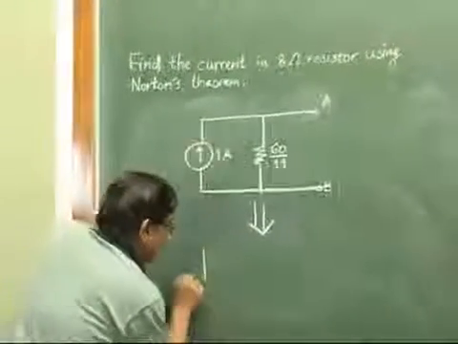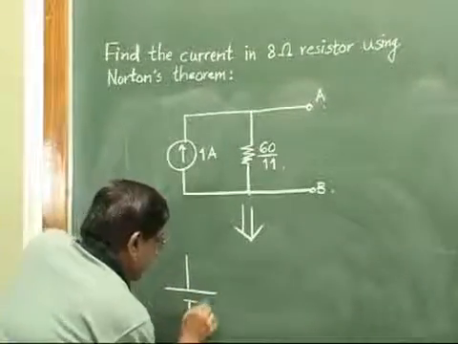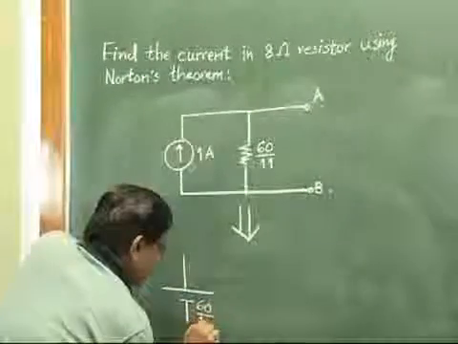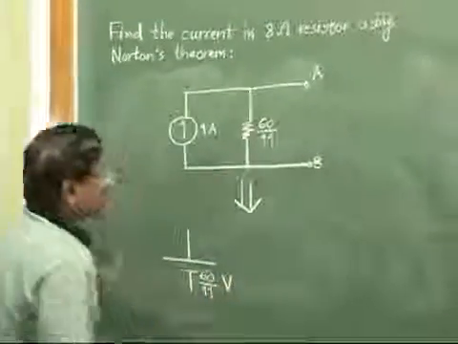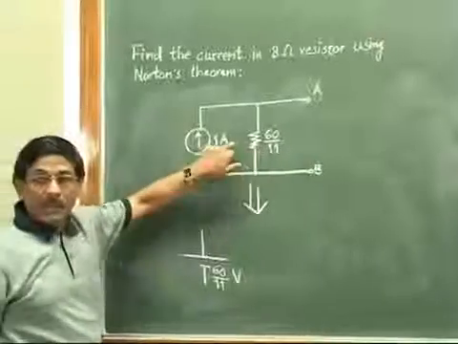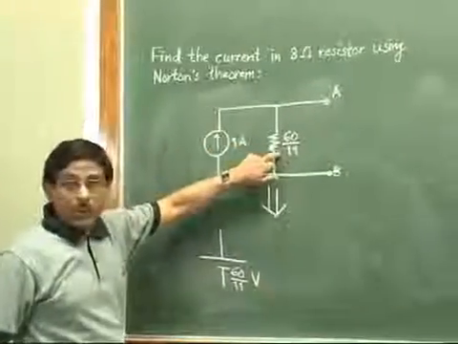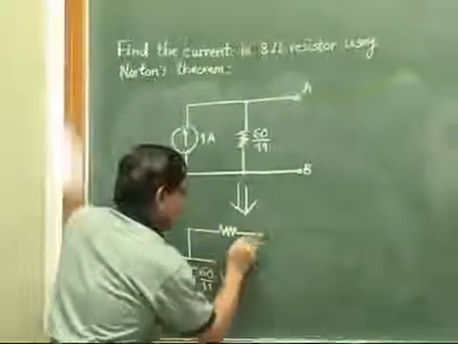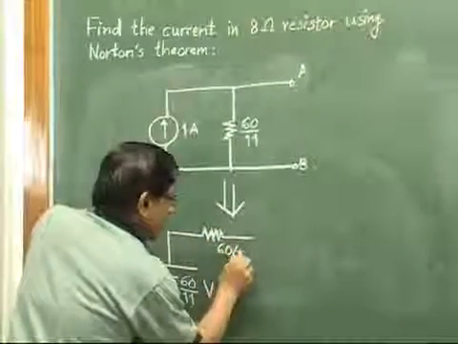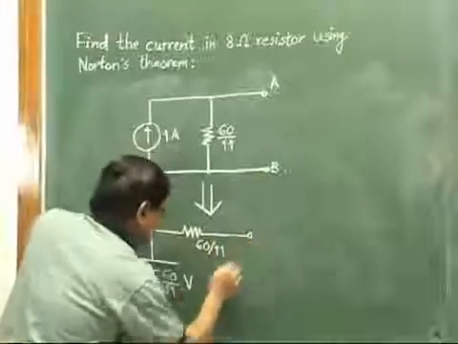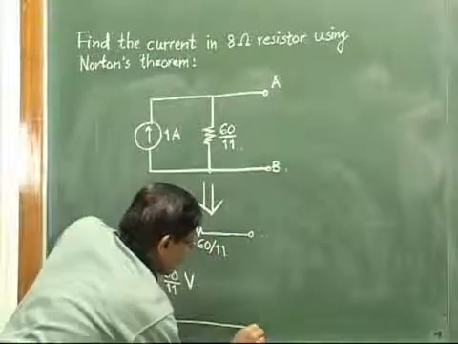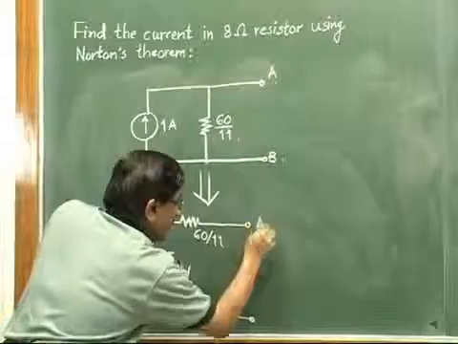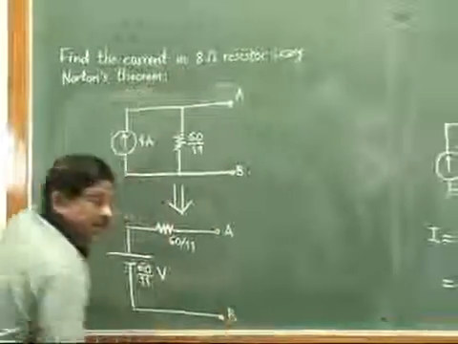So the equivalent voltage source would be this 60 by 11 volt. And the same resistor which is in parallel with the current source, that must be shown in series now. So we will show the same resistor 60 by 11 in series with this voltage source, and then points A and B will be located here. So it is a simple thing to convert the sources in this particular fashion.